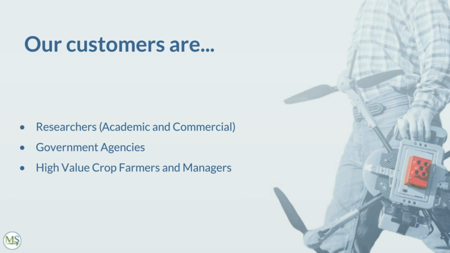In research, people are generally using our cameras for the remote sensing part. And then on the commercial side, larger organizations who are doing plant breeding are also using our camera. Government agencies like the USDA, Agri-Foods Canada, entities like that around the world use our sensors for conservation work, for species differentiation and keeping track of invasive species.